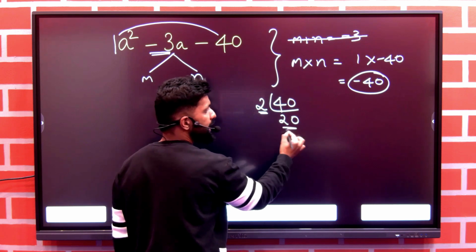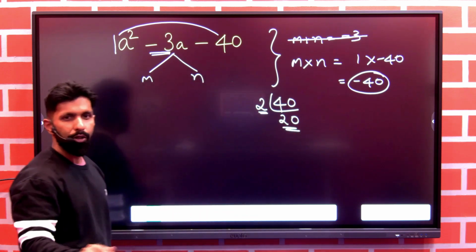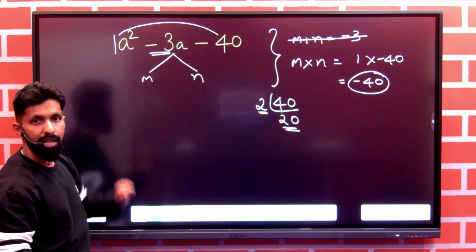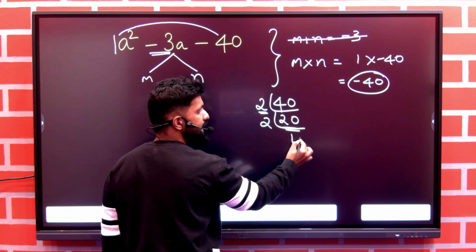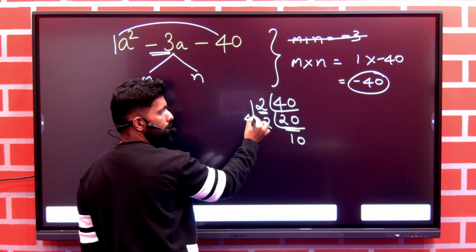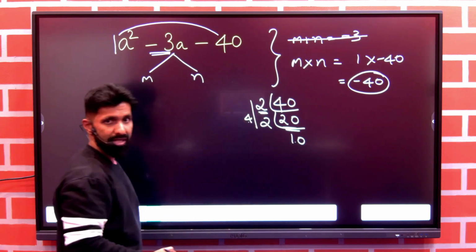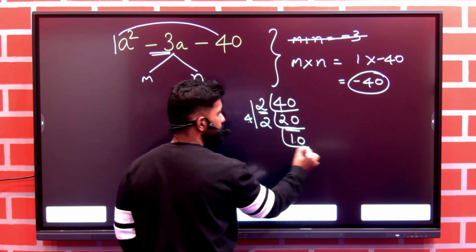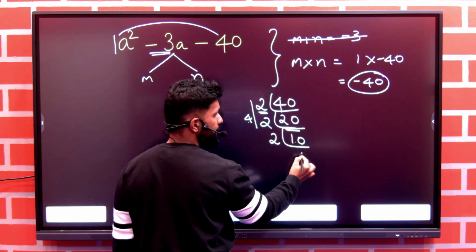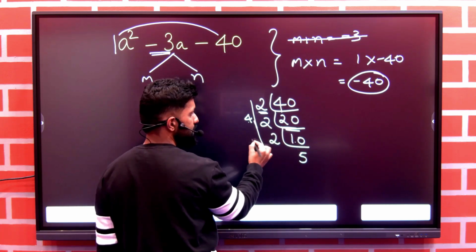With 2 and 20, you add or you subtract, do whatever you want. Can you get 3? No, you can't. Then proceed. 2 10s are 20. Now, 2 2s are 4. With 4 and 10, add or subtract. Can you get 3? No. So proceed. 2 5s are 10. 4 2s are 8.